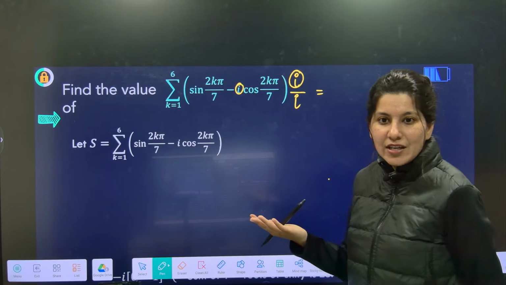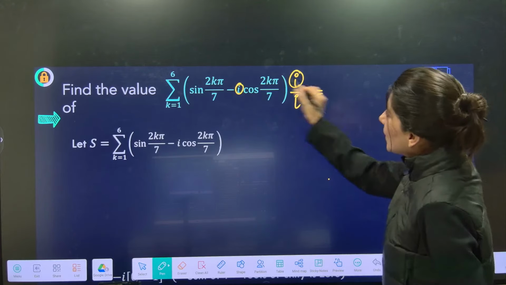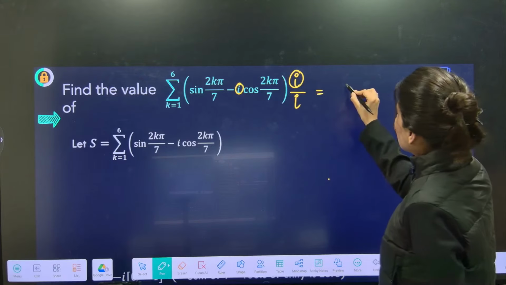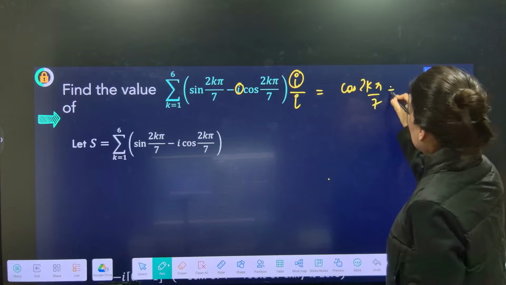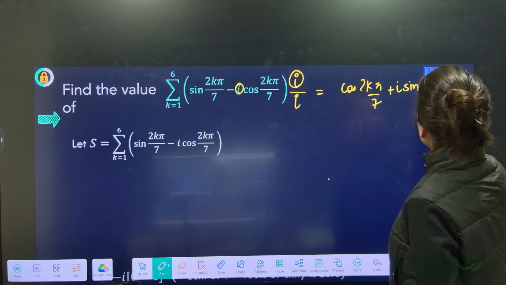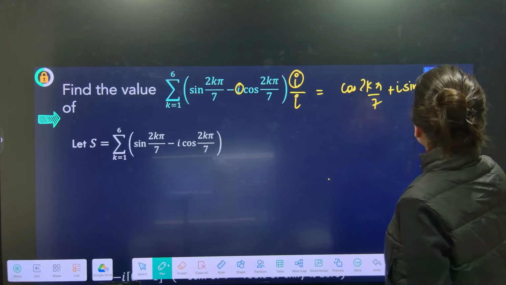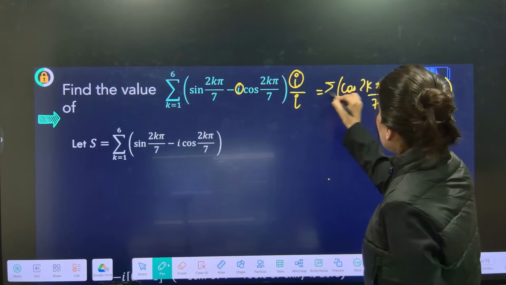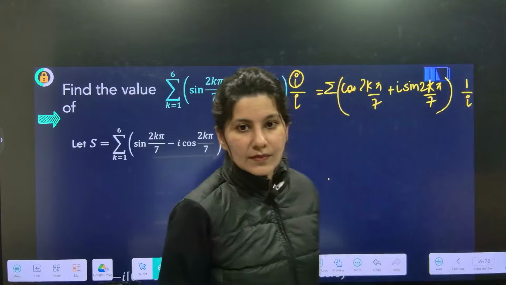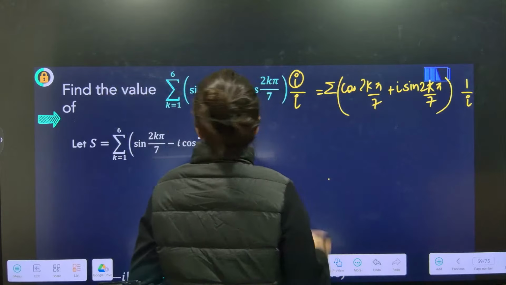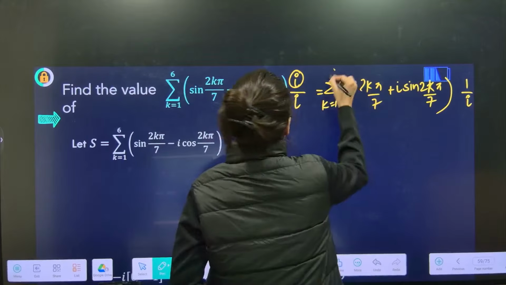We are trying to make cis theta, that's it. So I am going to take iota inside. So this is cos of 2k pi by 7 plus iota sine 2k pi by 7, and there is this sigma and this is 1 upon iota, k equals 1 to 6.